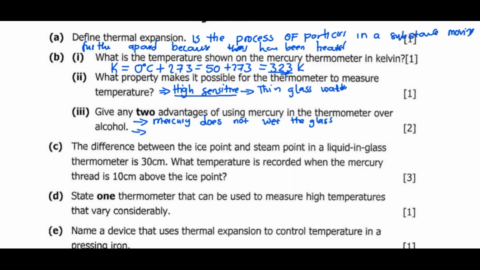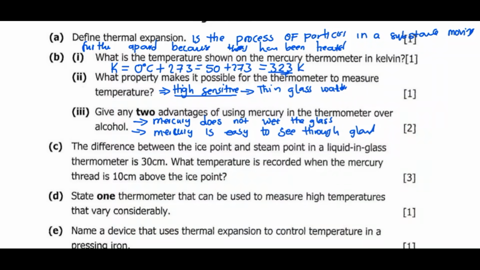The other one, mercury is easy to see through the glass. Also, in terms of sensitivity, mercury responds faster than alcohol.